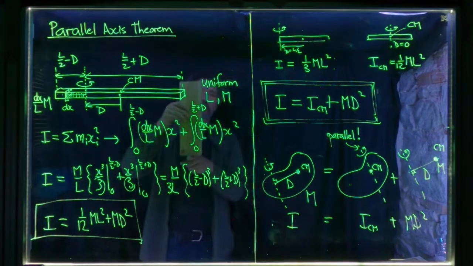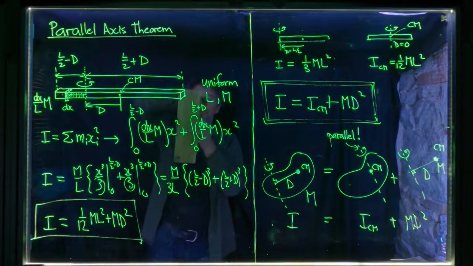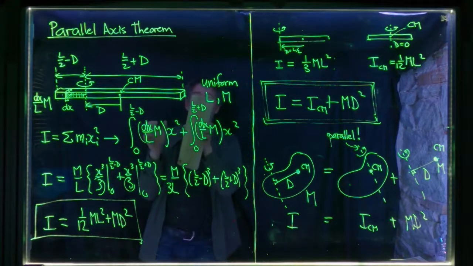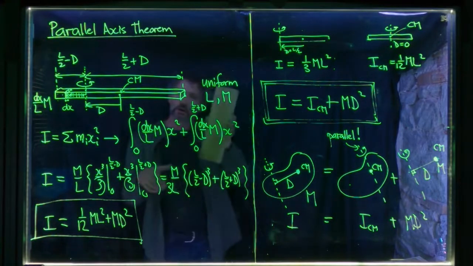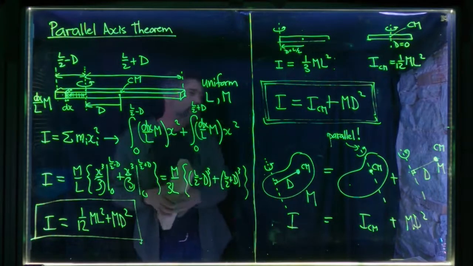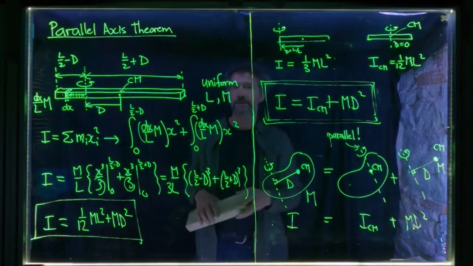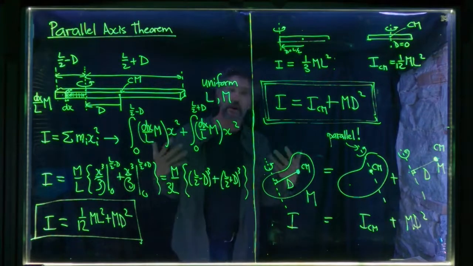And then on top of that, the object also goes once around like this. So what's the moment of inertia for that rotation? That's the moment of inertia for rotation about the center of mass. And so you can understand intuitively why the parallel axis theorem is true, right? Because in physics, the whole point is to understand everything.